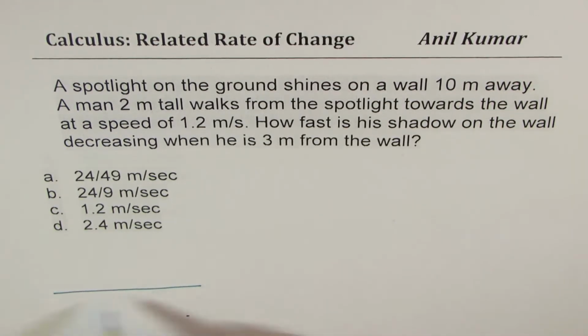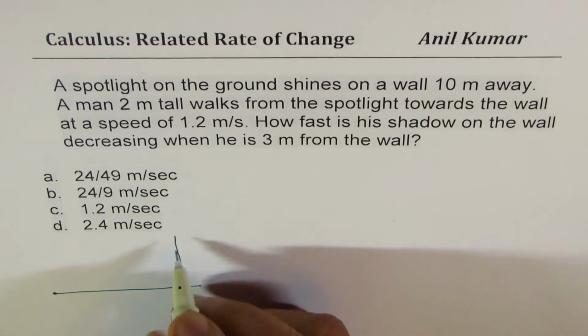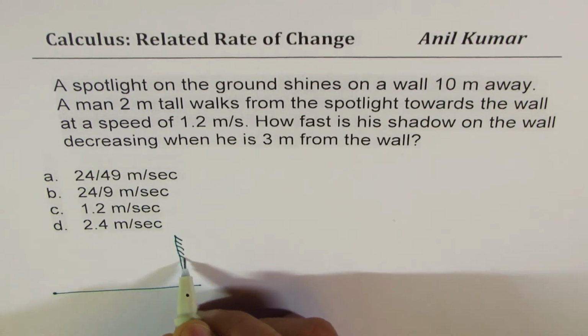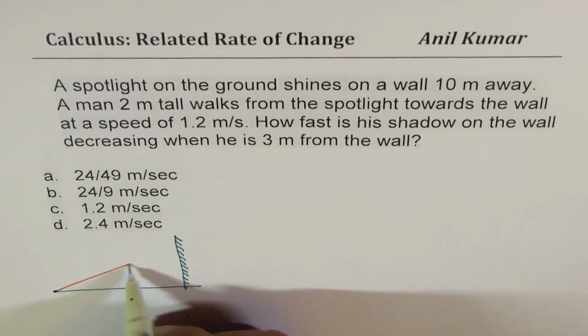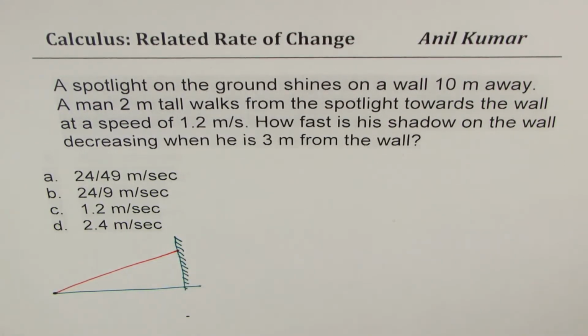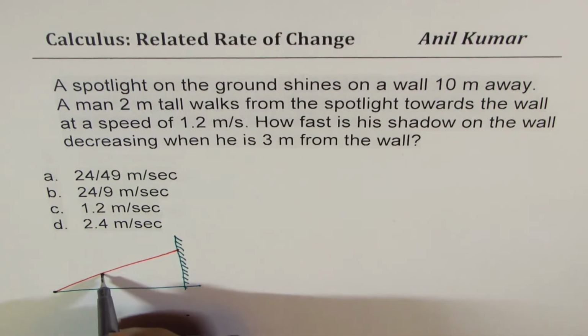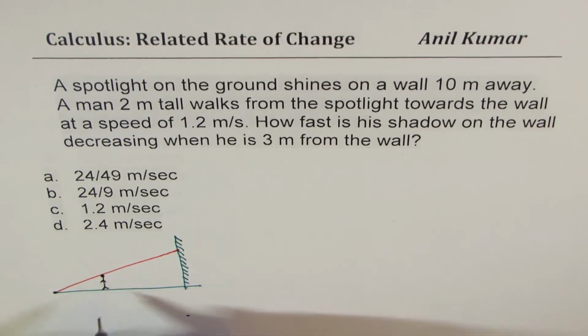Let us say the spotlight is at this position and the wall is right there. Let's say this is the wall. So the shadow is actually on the wall, right? So let's say this line indicates the shadow of a person who is walking. So this is the person who is walking, right?